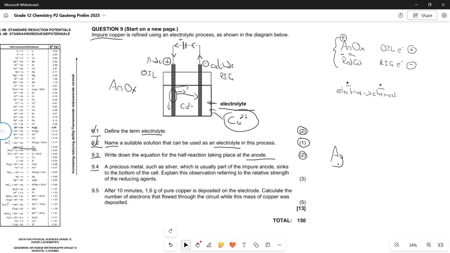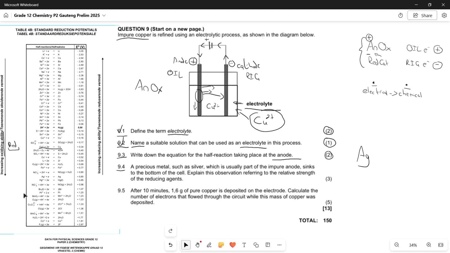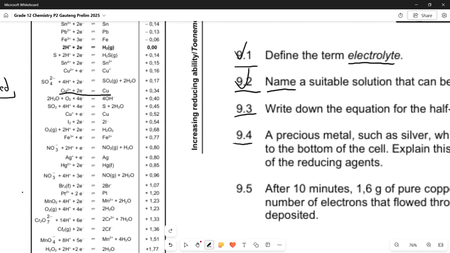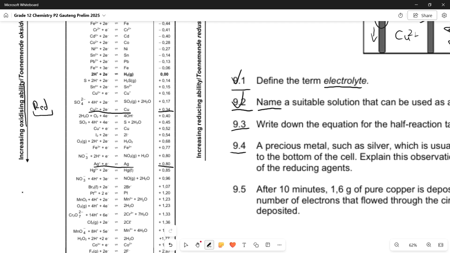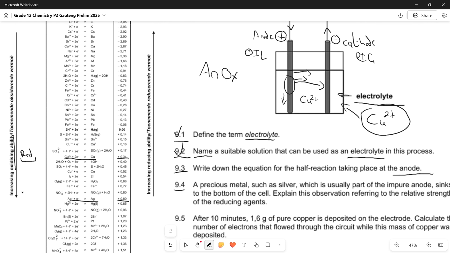So if we go ahead and look here and we compare our copper to our silver, we can see that copper over here is 0.34 and we have our silver over here as 0.80. And as we move down table 4b, we have increasing oxidizing ability, which means it is more likely to reduce. But if we're moving up, it has an increased reducing ability or is more likely to oxidize.